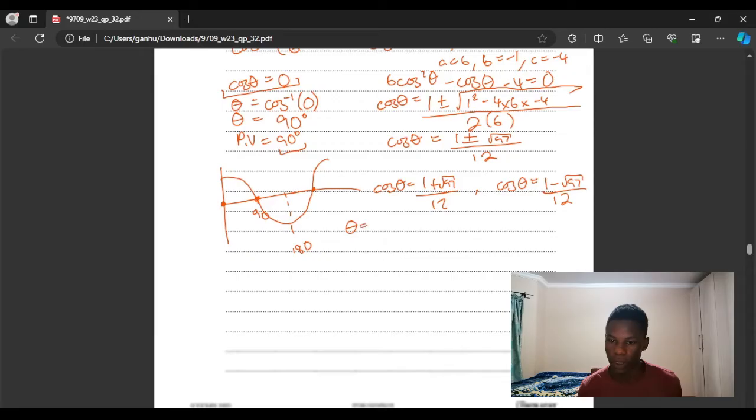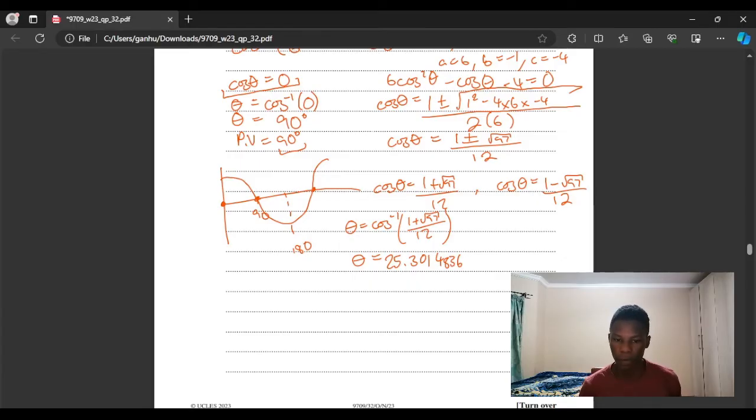So for this one, theta would be arc cos of 1 plus root 97 over 12, and we are in degrees. So that's 25.3014836.